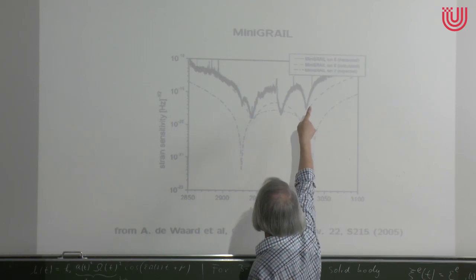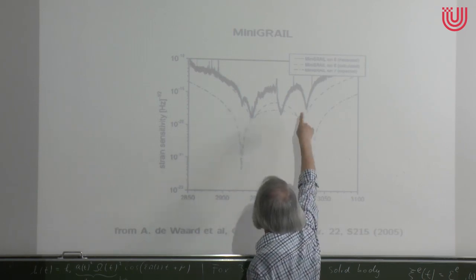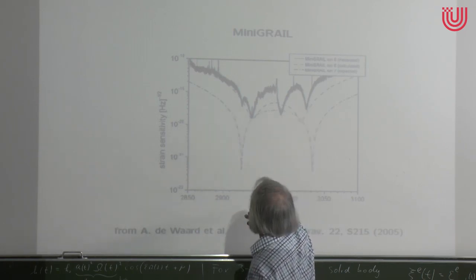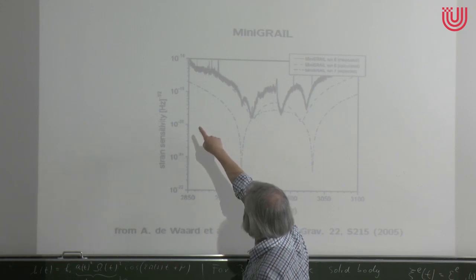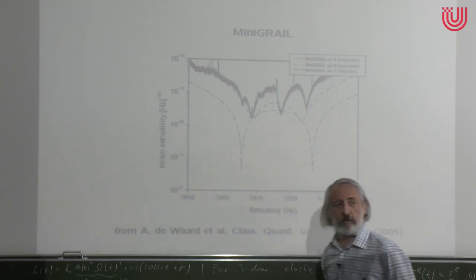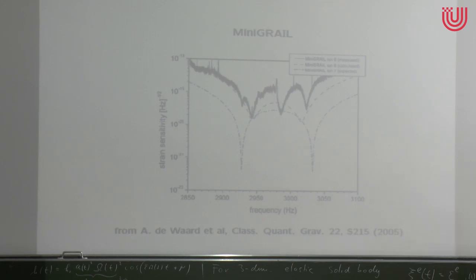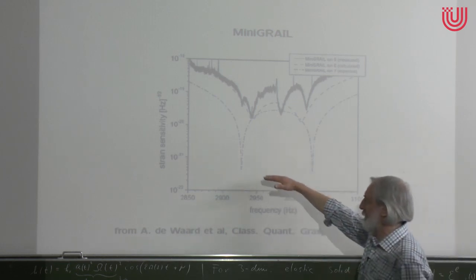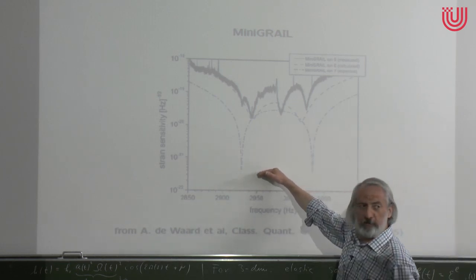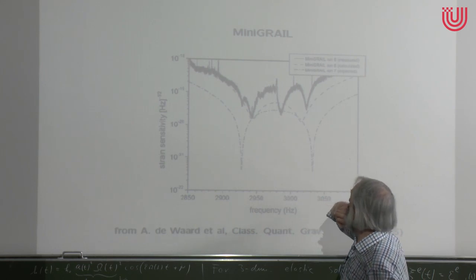So if during this run you wanted to see a real signal, it should have at least 10 to the minus 19 hertz to the minus 1/2. Which of course is a very strong signal which you don't really expect from gravitational waves. You really expect them more in this range here than up there.